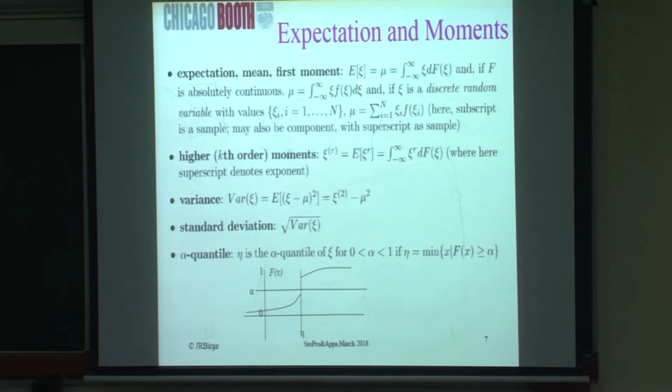And so its expectation is what value c has on each of the possible sets associated with the values that c takes on. I can write it this way, just the integral from minus infinity to infinity of c df. Or, if I have a density, then I can write it with c times the density f of c dc. And if it's a discrete random variable, I can write it that way.